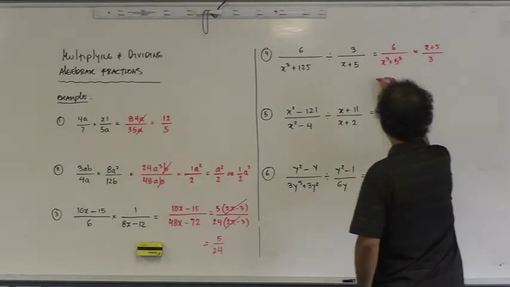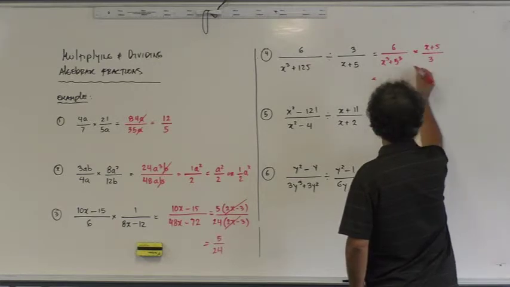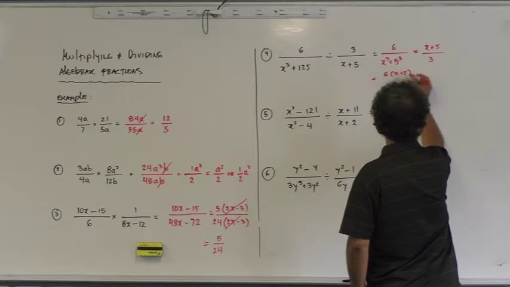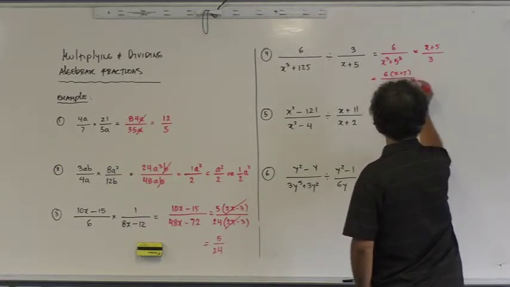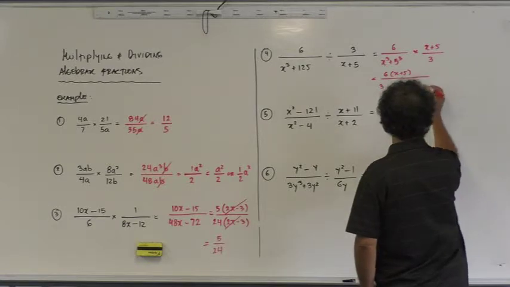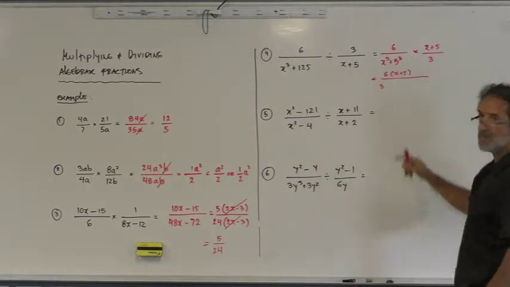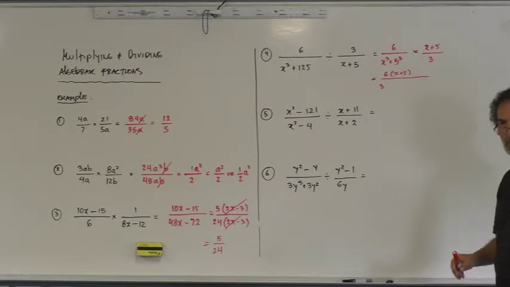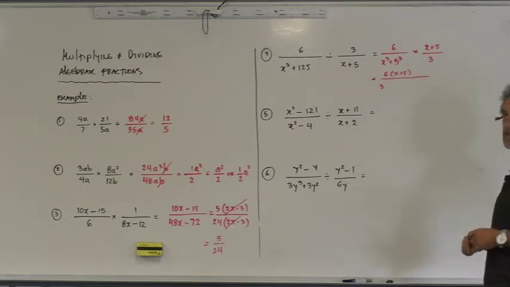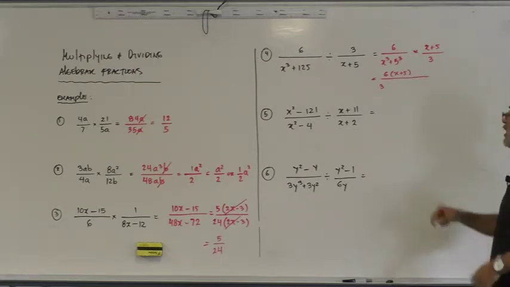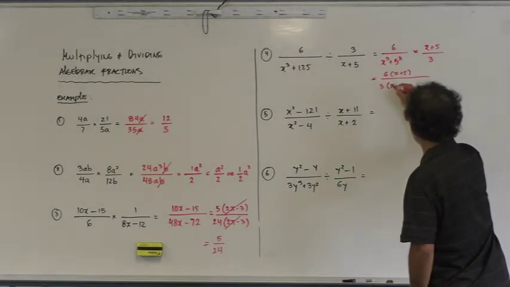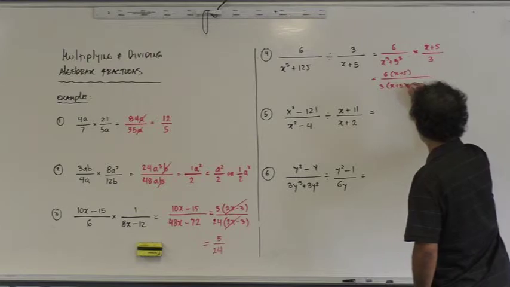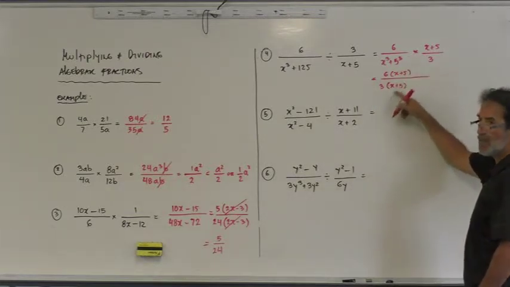Okay, and then we're going to multiply. So we're going to have 6 times x plus 5, and then this is going to be 3. But in here we had the sum of 2 cubes. That's why you need to visualize and you need to remember things. So this is the sum of 2 cubes, and we know that that is going to be equal to x plus 5. Can you see that we already have a common factor?